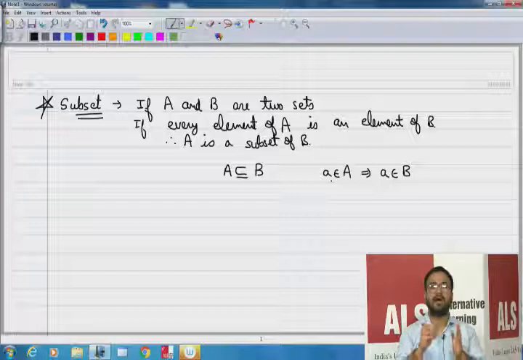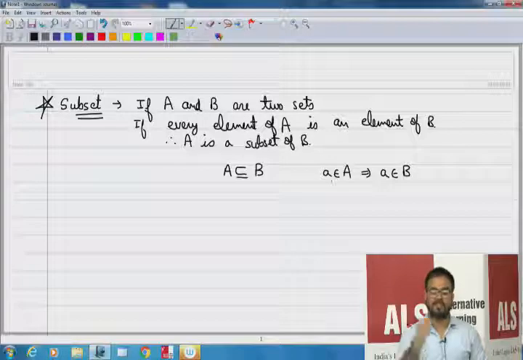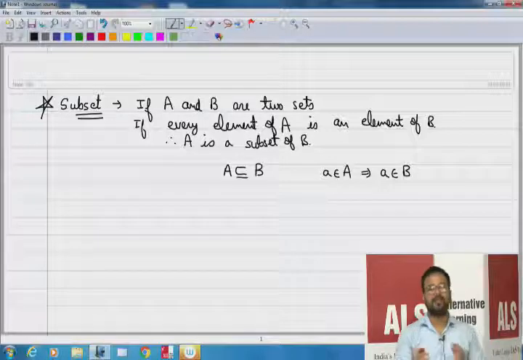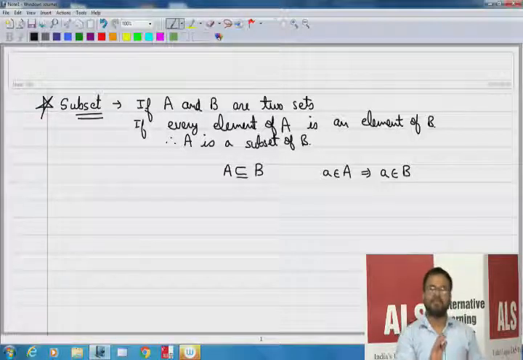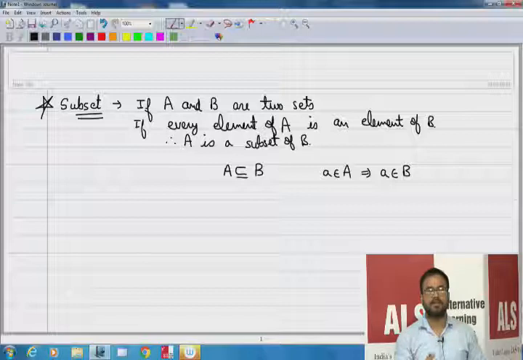If a is an element of A, then a is also an element of B. So basically, whatever elements are there in A, if those same elements are there in B also, we will say A is a subset of B.